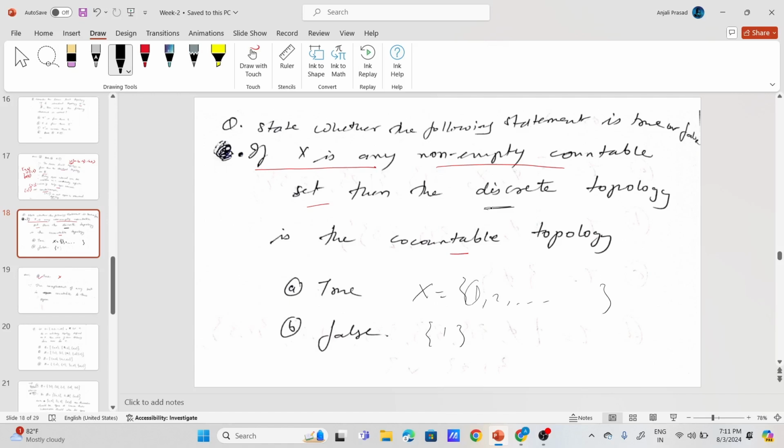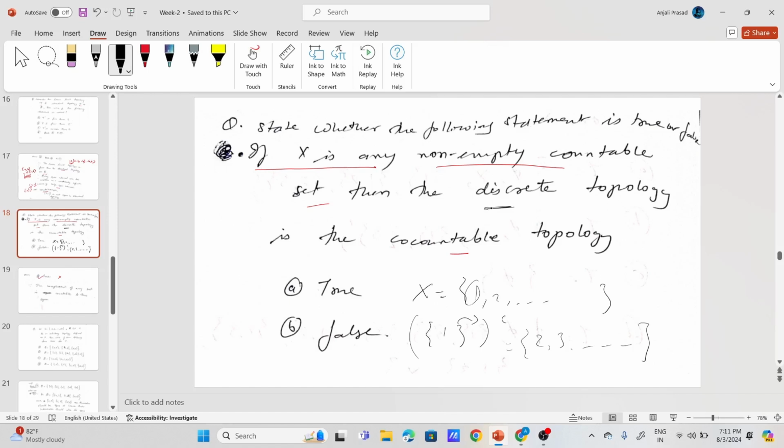So {1} is also part of this topology since it is a discrete topology, and its complement will be... let me explain it first. If you take the subset {1}, then its complement will be 2, 3, up to infinity. So is it countable?